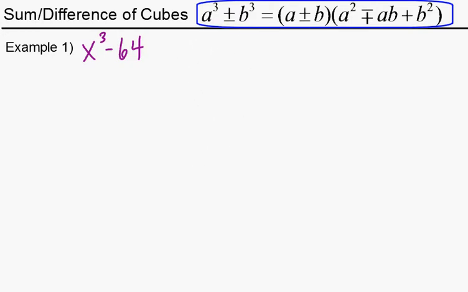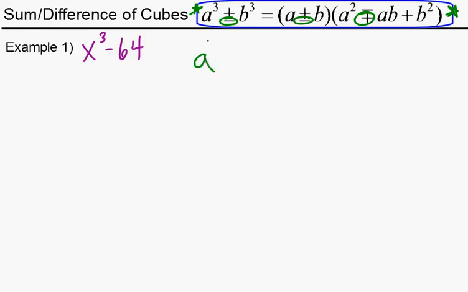So that's why I have this factoring by pattern here, the pattern of a to the third plus or minus b to the third, in order to factor anything that's a sum or difference of cubes. Notice that there's a plus or minus right here, so I have to decide which one I'm going to use. Looking back at my first example, x to the third minus 64, that minus sign is telling me that I'm going to use minus here, bottom here, and bottom there.